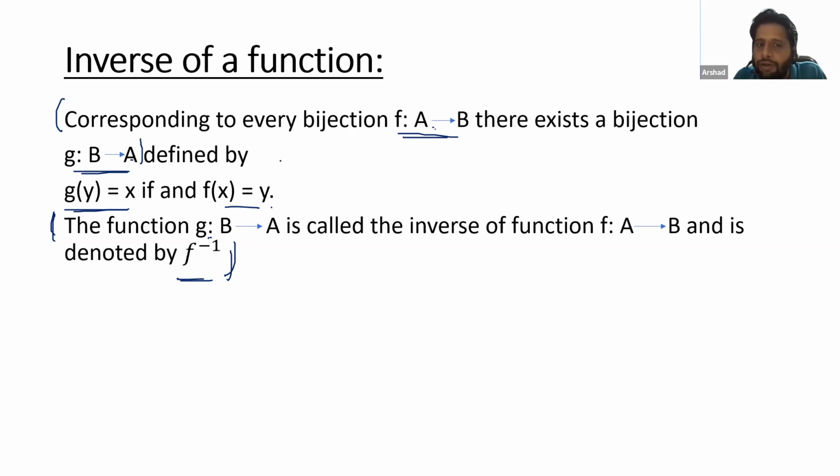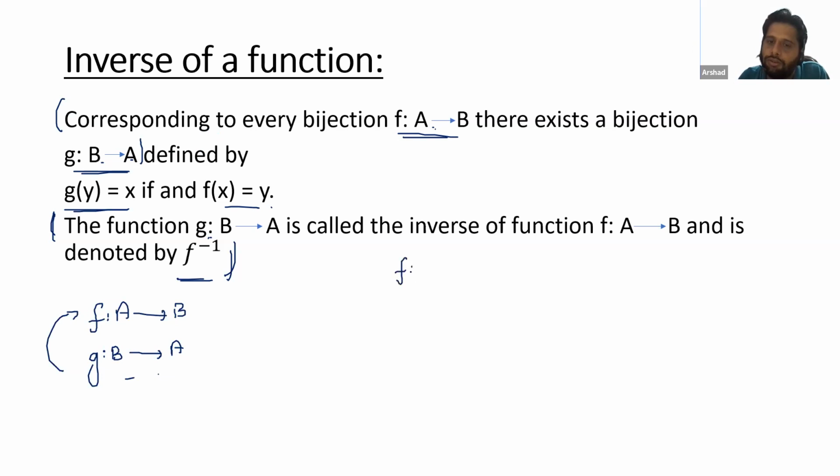So corresponding to every bijective f from A to B, there exists a bijective function B to A. If you have a function A to B which is bijective, then there will exist a function B to A. And this B to A function is called the inverse of f, which we have checked in the previous example. For example, if we have a function A to B, here you have A1, A2, here you have B1, B2.